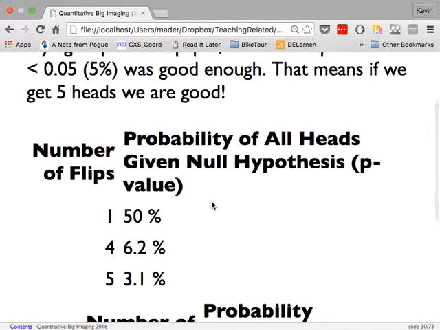And so if we look at the number of flips that you take, if you have 1, it's 50, 4 is 6.2, 5 is 3.1. So at 4.5 or 5 flips, you have enough results that you could publish a paper.